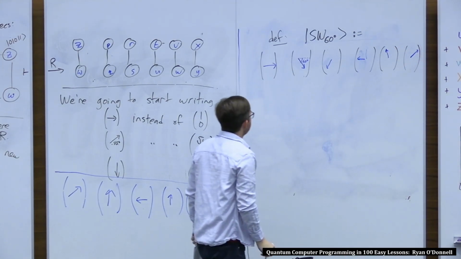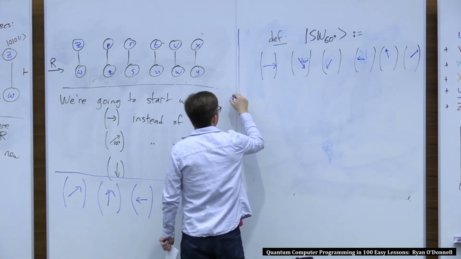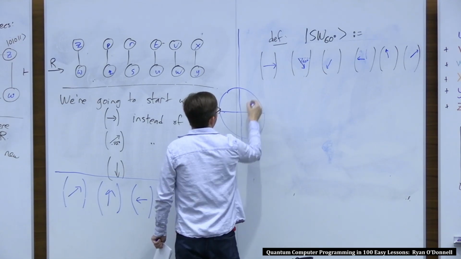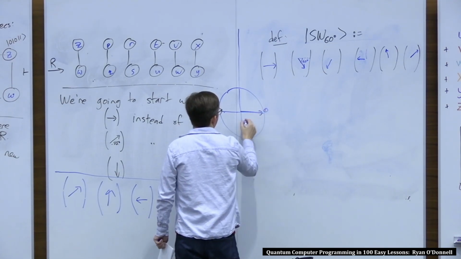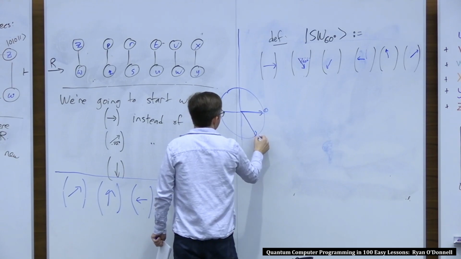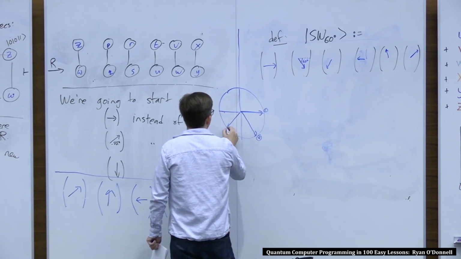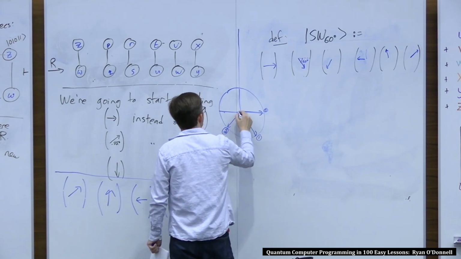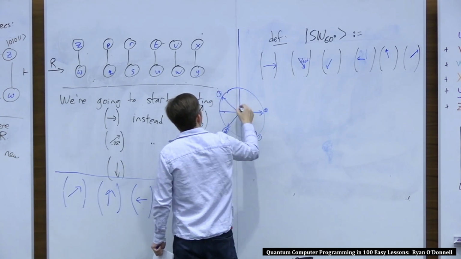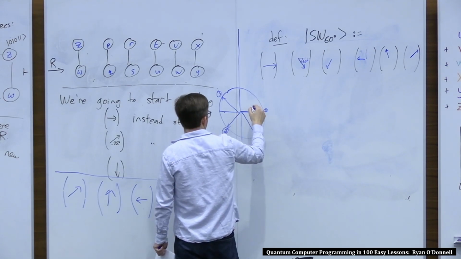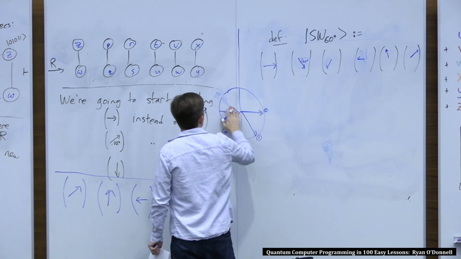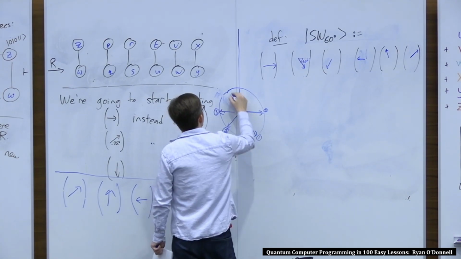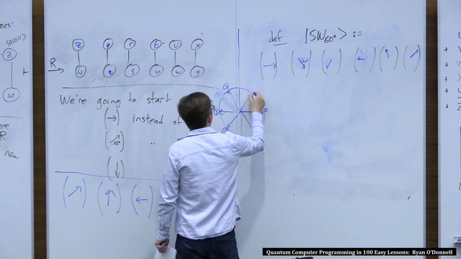OK. The point is, these 6 vectors, let me just draw them on the circle here. It's a terrible circle. The first one is number 0, and then you just go by 60 degrees. So this is number 1, this is number 2, this is 3, 4, 5.